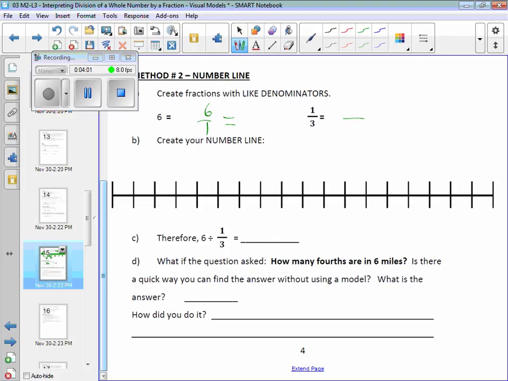Great. Just like we did in our ratios unit. What's our numerator now become? Our constant is 3. Okay, so 6 is equal to 6 over 1, which is equal to 18 thirds. It's all equivalent fractions for the whole number 6. This stays as is.